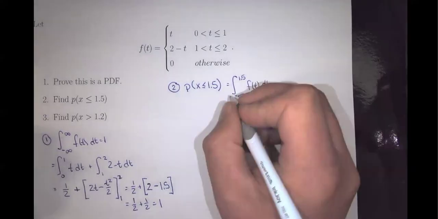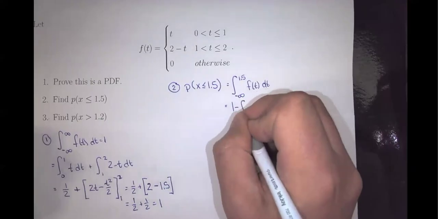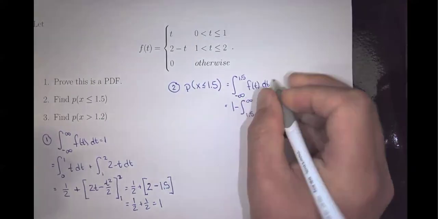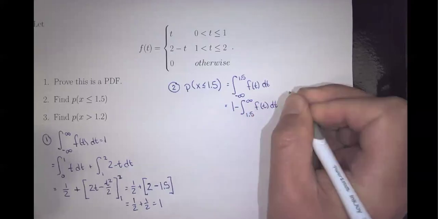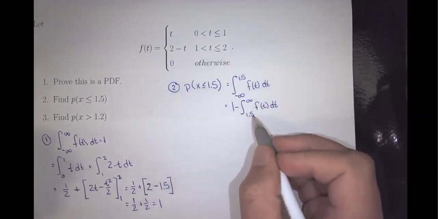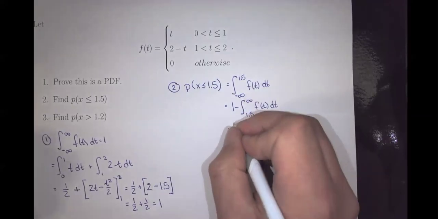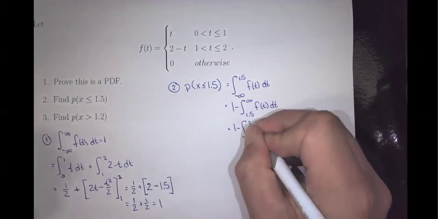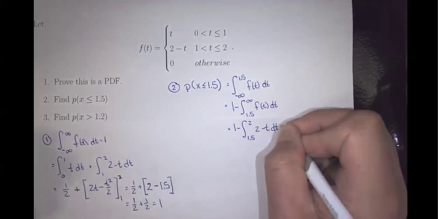Or we could say that it's equal to 1 minus the integral from 1.5 to infinity of f of t dt, which might be easier because then we're only dealing with the function f of t going from 1.5 to 2. So it's 1 minus the integral from 1.5 to 2 of 2 minus t dt.